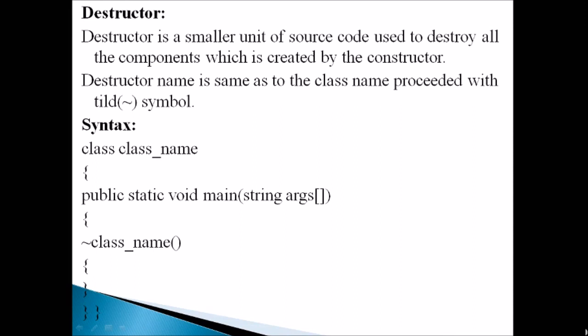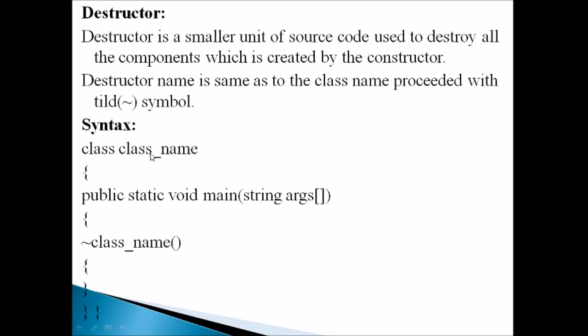That is the purpose of using a destructor. A destructor is also a small unit of source code used to destroy all the components which are created by the constructor. And here the destructor name is also the same as the class name, but it should be preceded with the tilde symbol.